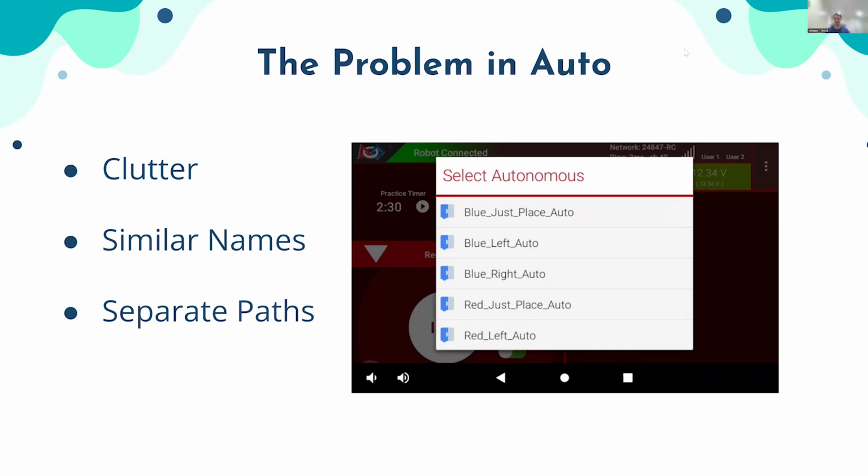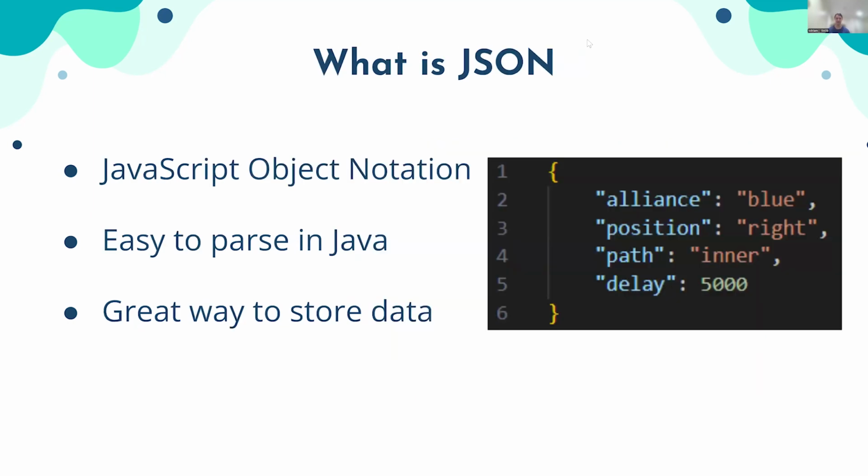And so one solution to this problem, the one that we used, is we actually use a JSON file in order to store everything we want to know about our auto path. So JSON is JavaScript Object Notation. It's just a very common file type, super easy to parse in Java.